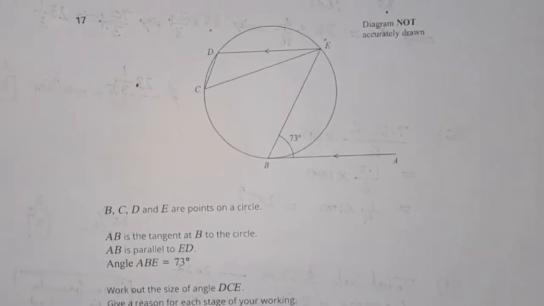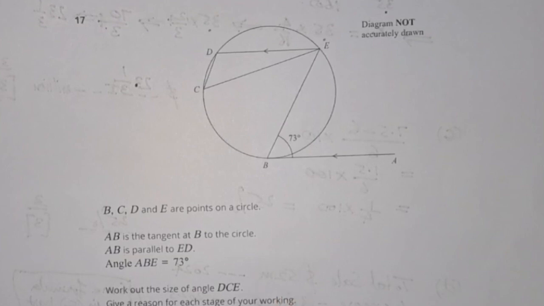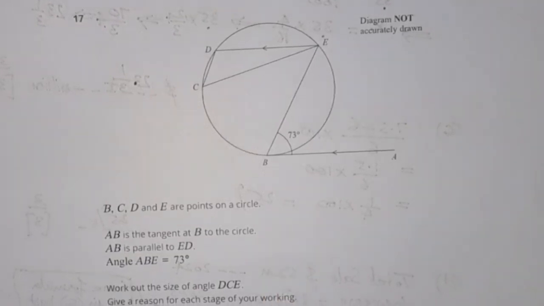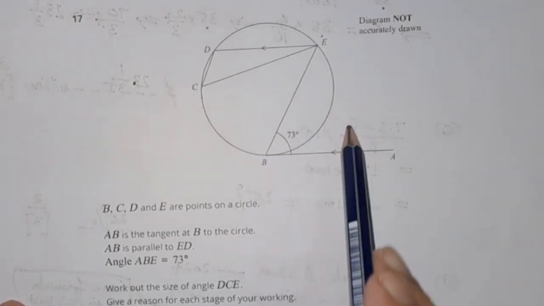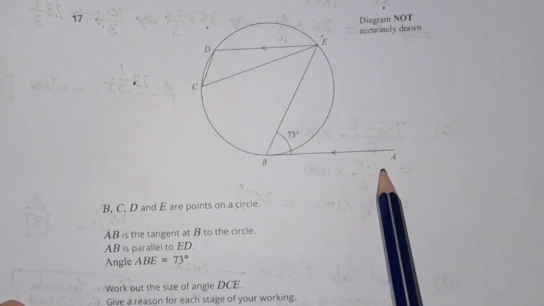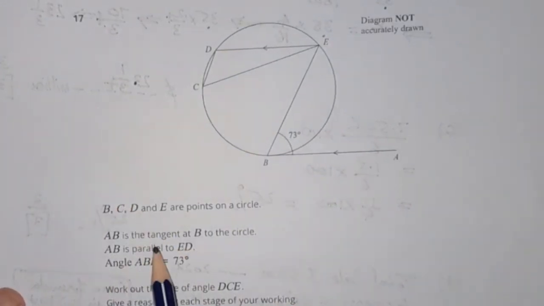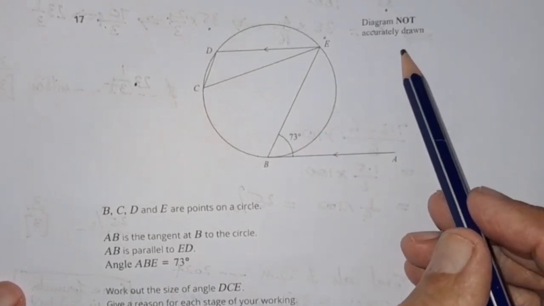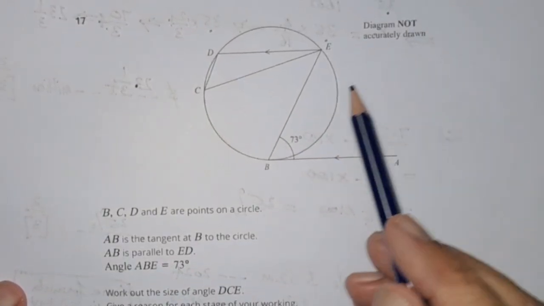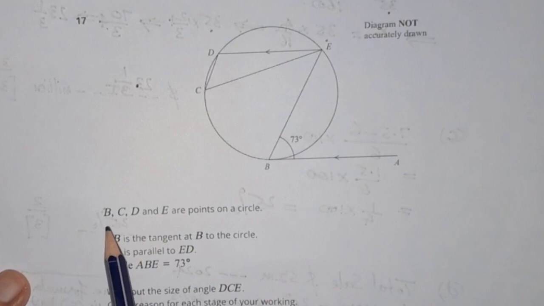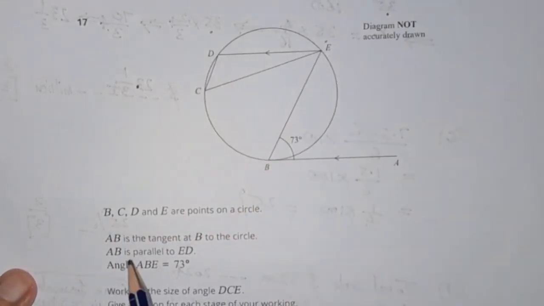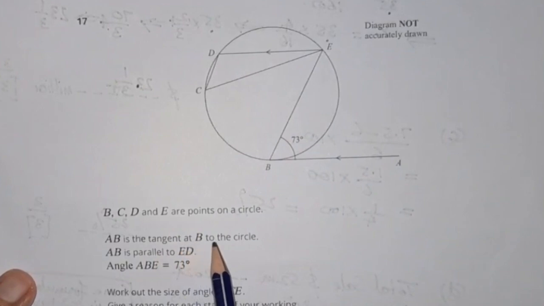Now we go on to question number 17, which is about angle properties of circles. In question 17, there is a circle and there is a statement as well. First of all, diagram not accurately drawn. Then B, C, D and E are points on a circle, and AB is a tangent at B to the circle.